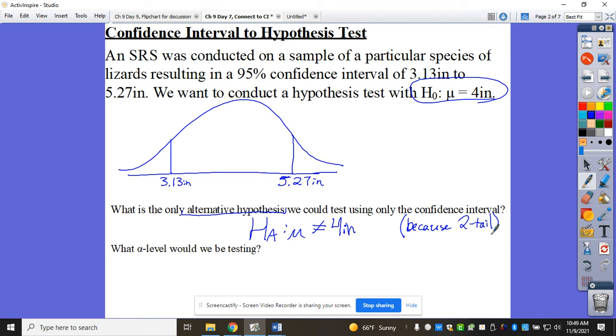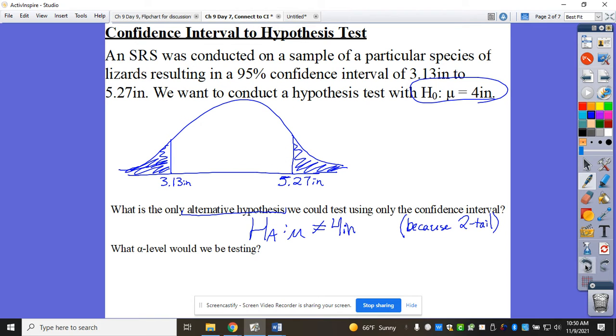So alpha, if I were to shade these, alpha is the total shaded area. So if this is a 95% confidence interval, how much is here? So how much is not here? 5%.